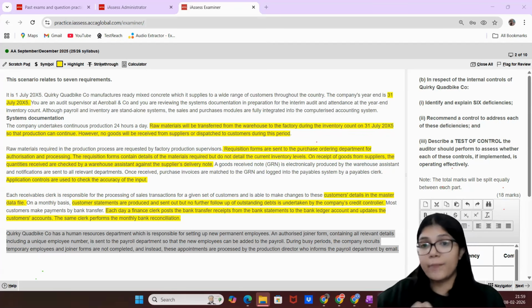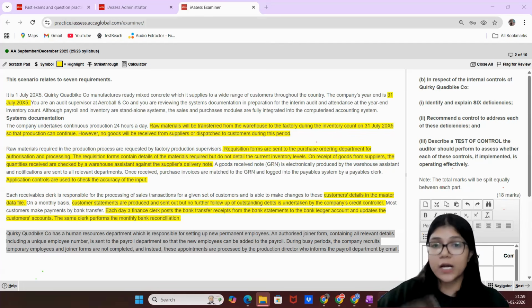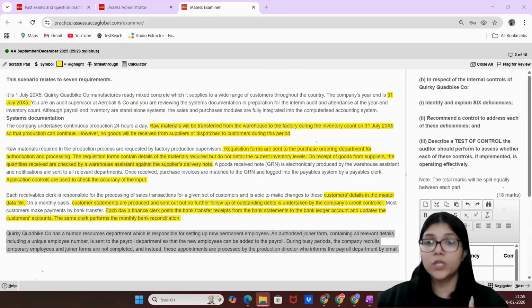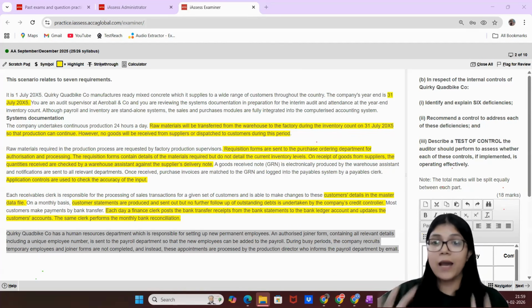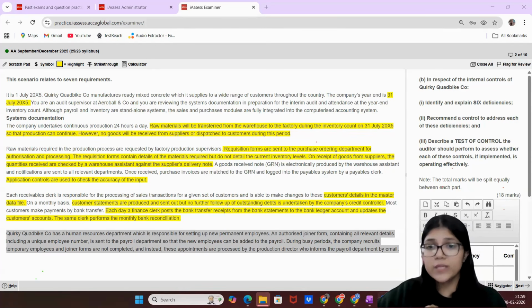So that is the problem, because continuously they're transferring from the warehouse to the factory during the count. As an auditor, I cannot stop the production. I cannot stop the transfers because continuous production has to take place for the company.